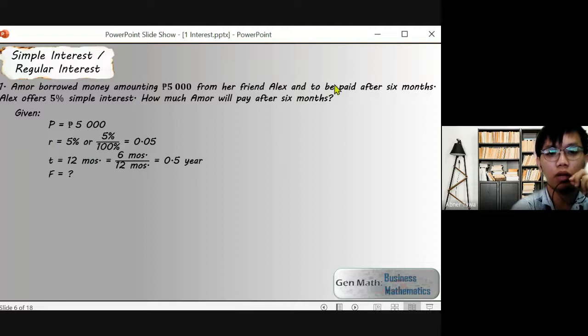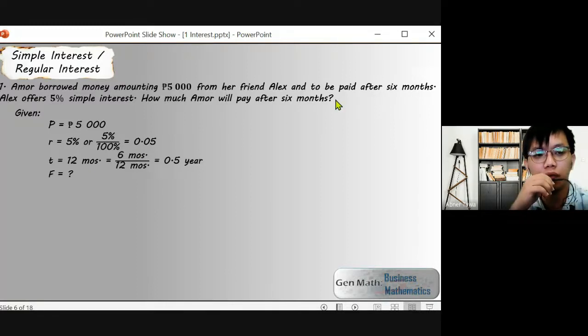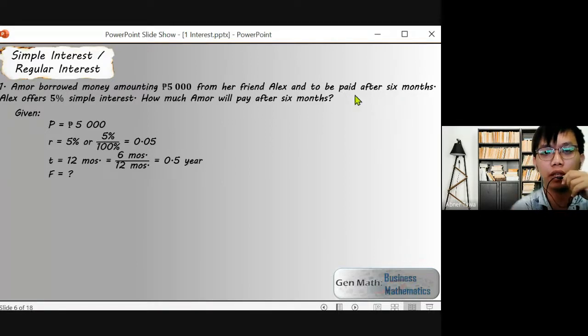And then we also have here 6 months. So ano yung nire-represent ng 6 months? That is the length of time. And as I have said kanina or recently, 6 months or the length of time should be always expressed in year. So express natin yung 6 months in terms of year. So ano yung equivalent ng 6 months pag ang unit natin ay year?